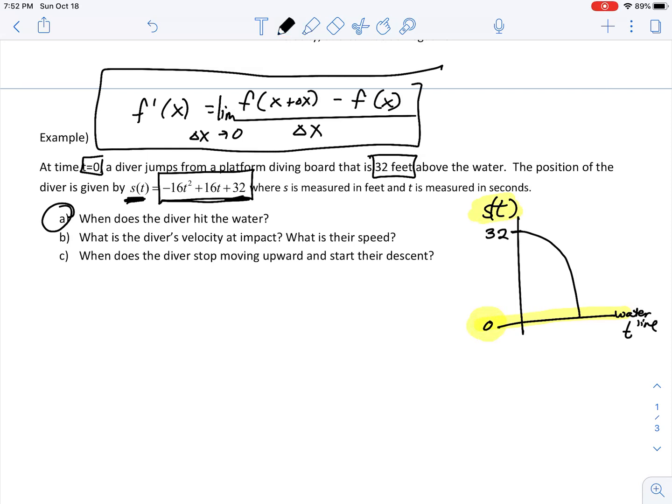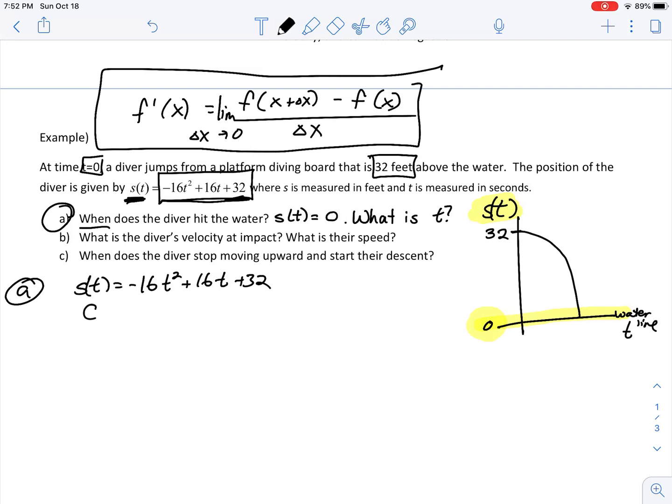So when S of t equals 0, they say when. When is a time. So what is t? That's the question. What is t when S of t equals 0? If you've got the function S of t equals negative 16t squared plus 16t plus 32, you're going to replace S of t with 0 because you know that the height is 0.